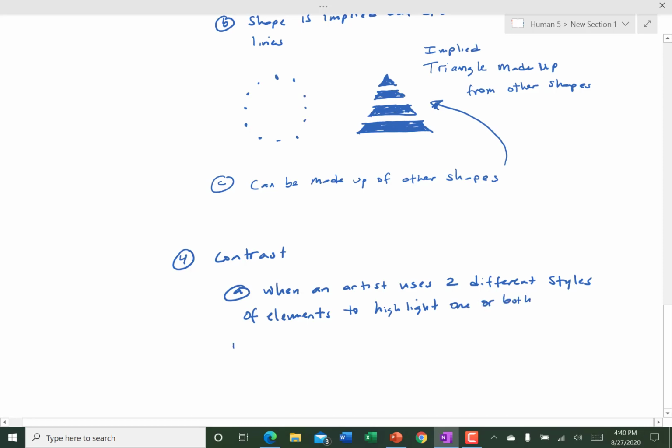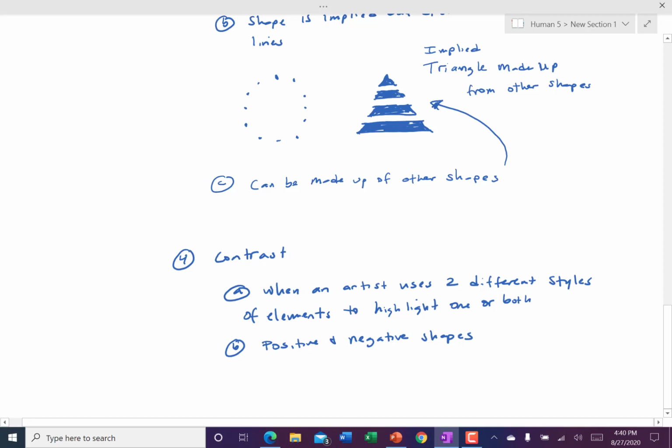And this is going to get connected to positive and negative shapes. So where we see this used most often is positive and negative shapes. But you can see I used it here in the implied triangle.